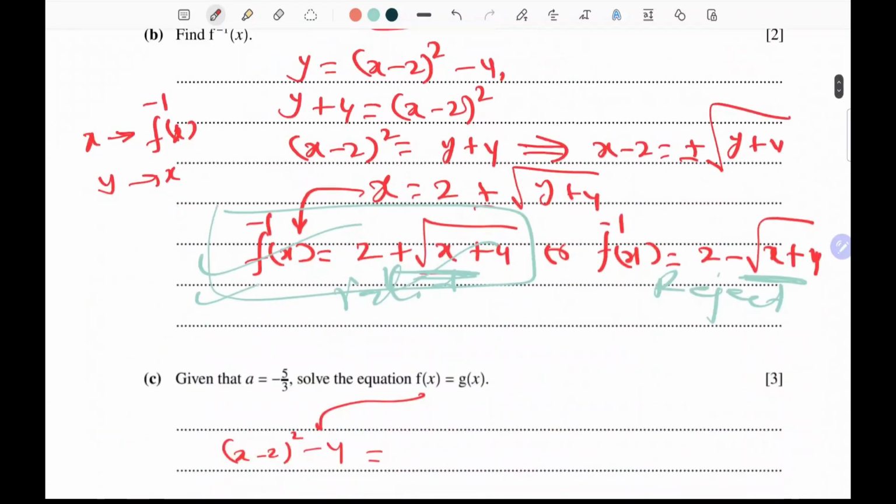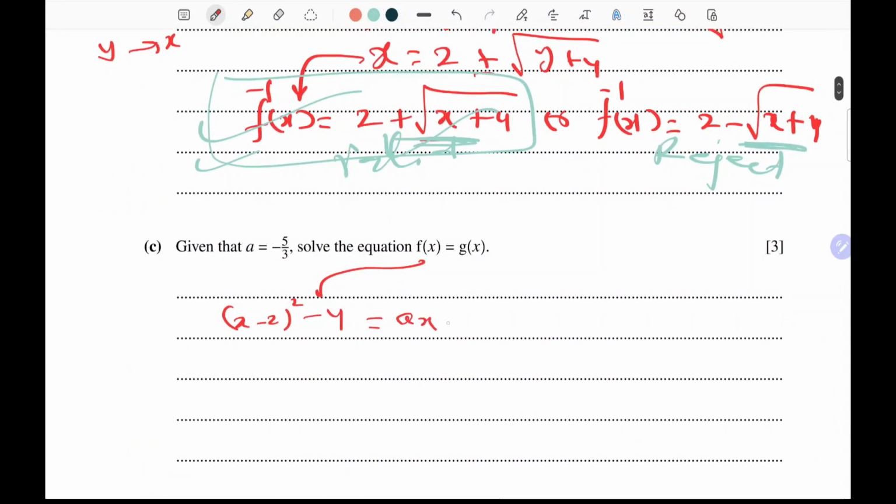What's g(x)? ax plus 2. Now we can expand that. x square minus 4x plus 4 minus 4, and a is minus 5 by 3, so minus 5 by 3 x, and this is plus 2.